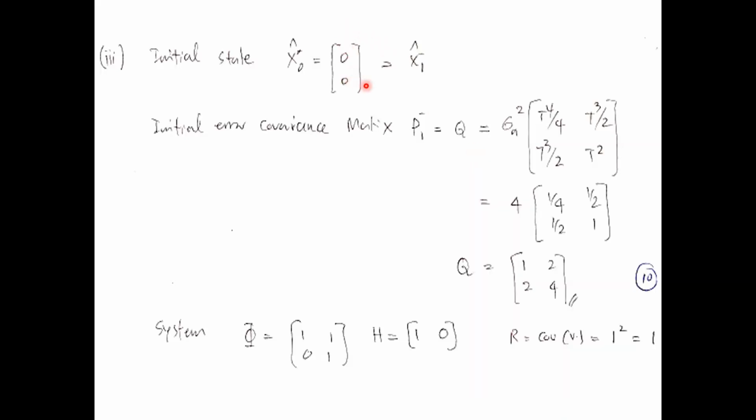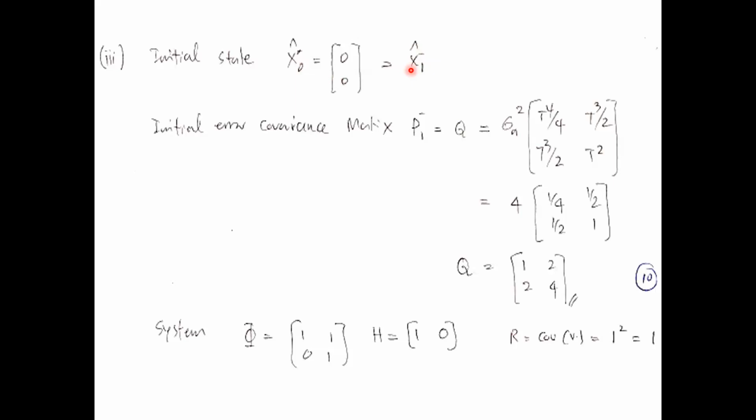So we consider this as the predicted state at k equals 1. You can see it over here. At k equals 0, it is 0, 0. So we take it from 0 to 1 as it is, because initially there's no other way we can do that.